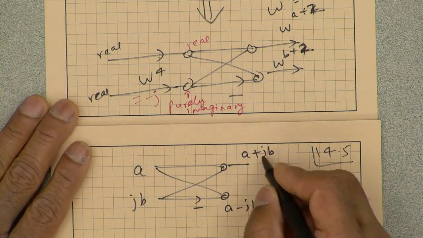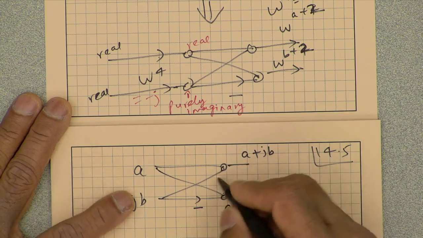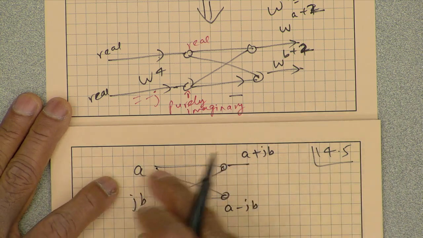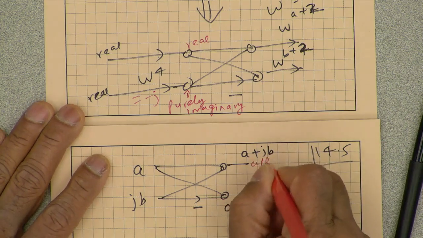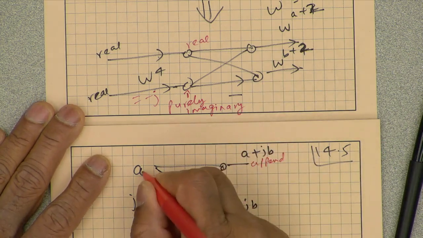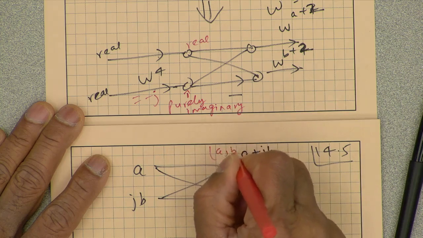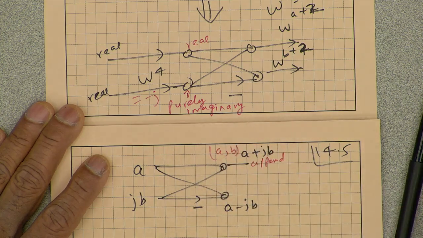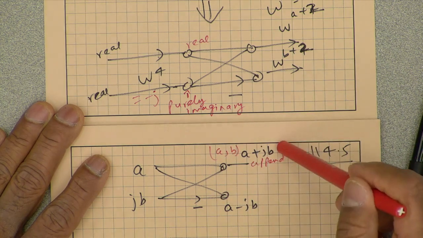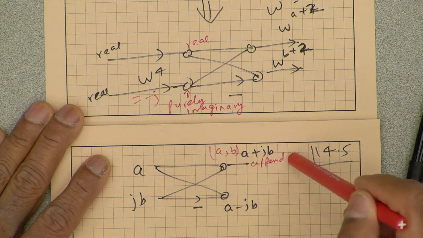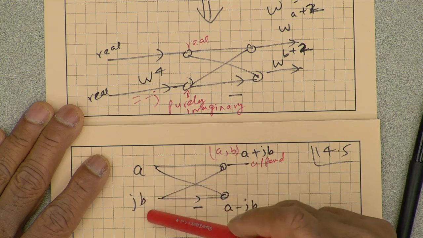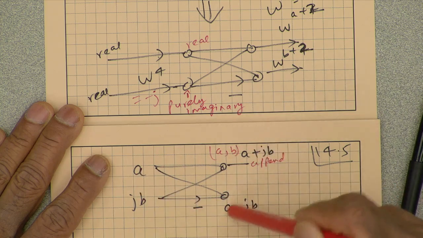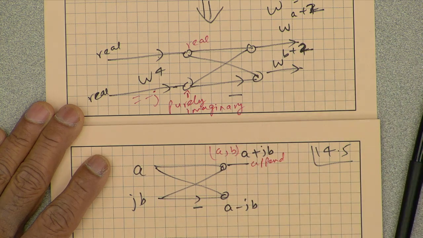When we put A plus jB, that's called an append operation. You can think of these as append. That's just taking A and B and interpreting that as a complex number. There is no add or subtract going on. It's just keeping two separate numbers as real and imaginary. Same here, there is nothing being computed.